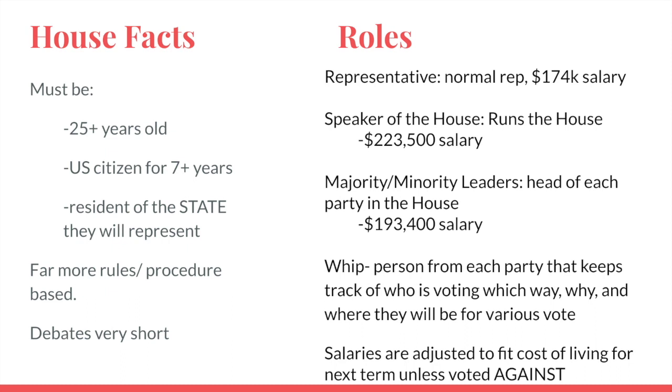And the whip's job is to keep track of where the votes are going and also to keep people in line, basically. So they're the ones that are going to say, all right, we currently have 3 more votes that we need to get this bill passed. We need to go around and wrangle up 3 more votes. So they're the ones that might say, hey, it could be harmful for you to vote out of, let's say, I don't know, Kansas.